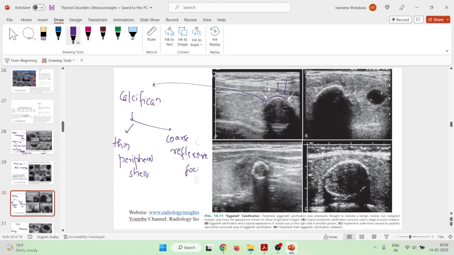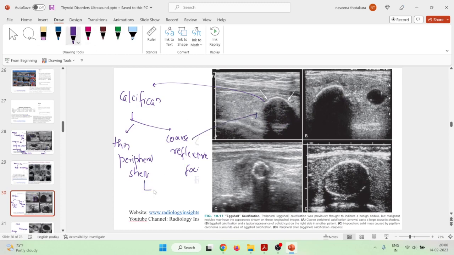The sound waves are falling like this, and there is peripheral shadowing present here. See, nothing is visible behind this calcification because this calcification is a highly reflective surface. As a result, all the sound waves reaching this calcification are reflected away and picked up by the transducer. So anything beyond this calcification is not visible in this view. So this is a type of coarse reflective foci.